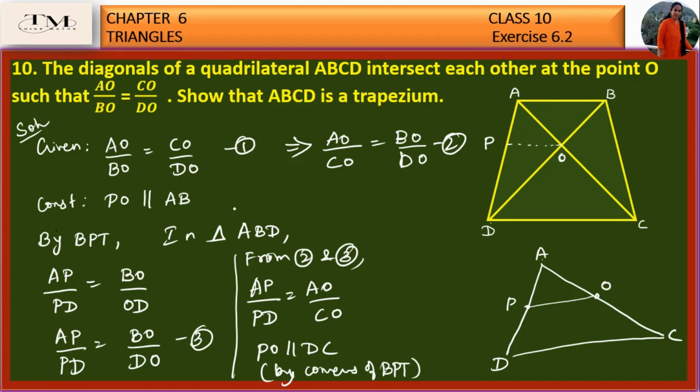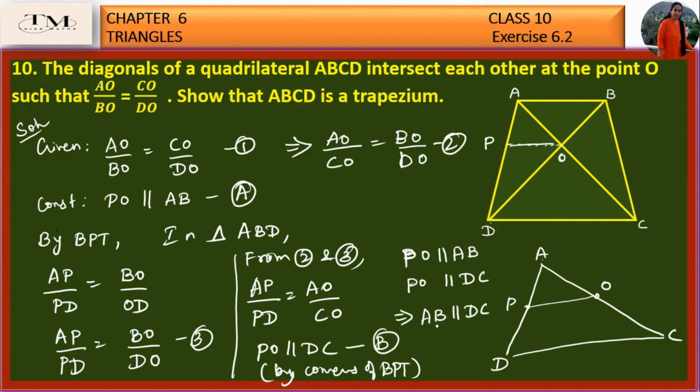Okay. So here I am assuming this as capital A and this is capital B. PO is parallel to AB and PO is also parallel to DC. So if the same line is parallel to AB and DC, then the other two lines will be parallel to each other.